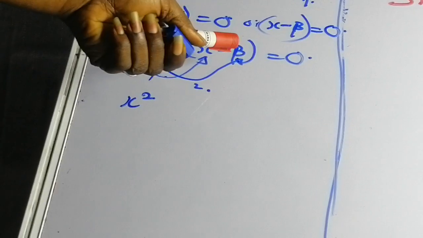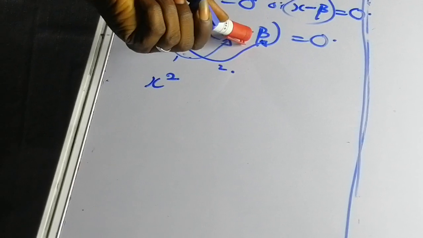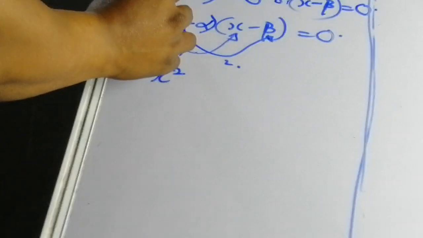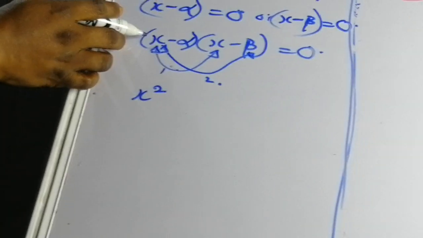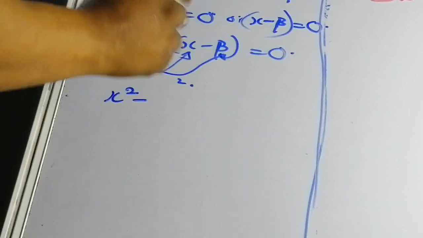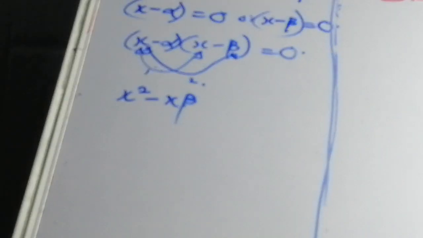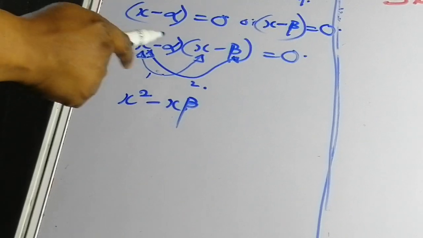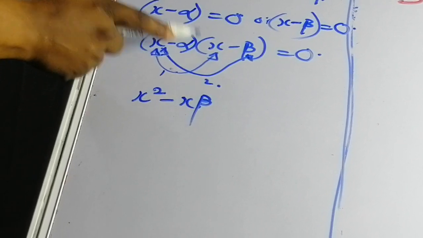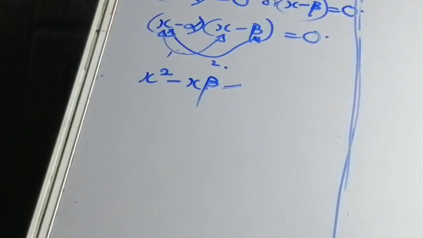Then x times beta. Don't forget there's minus here, so that is plus times minus, which will be minus. x times beta is x beta. Now look at here too, there's also a plus here, but we don't usually write it, so it will be plus times minus, that is minus.